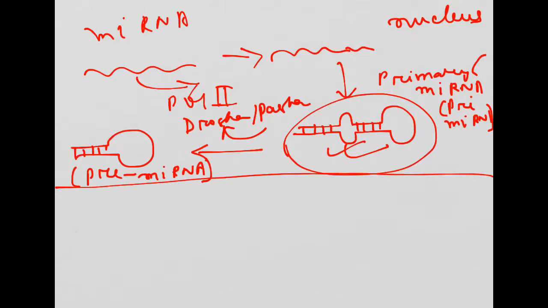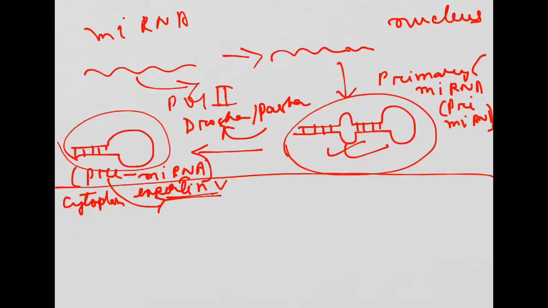Now this molecule is transported to the cytoplasm with the help of the protein called exportin 5. This will transport this precursor miRNA molecule into the cytoplasm.